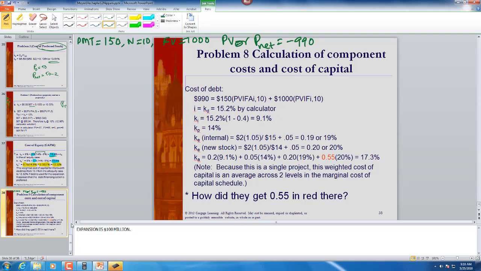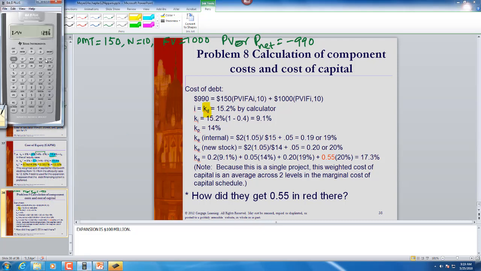So first we need to calculate the before-tax cost of debt, or what is known as KD. And how do we do that? It's actually very simple. Let's go to second clear work. 150 is PMT. 10 is N. 1,000 is future value. 990 is present value.